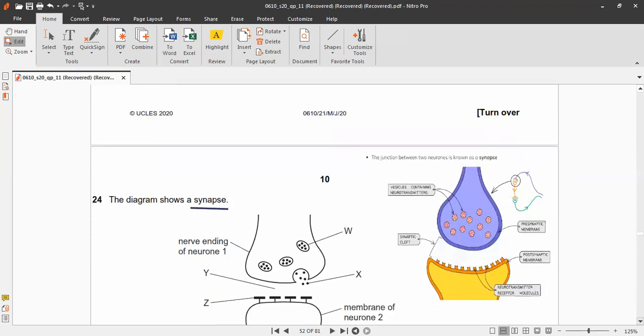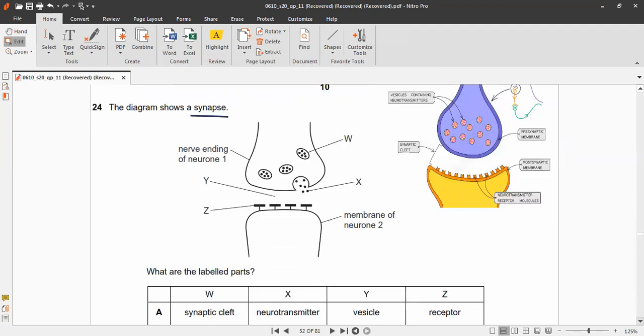The diagram shows a synapse. What are the labeled parts? W, X, Y, Z. W, vesicles containing neurotransmitters, and X, neurotransmitter.